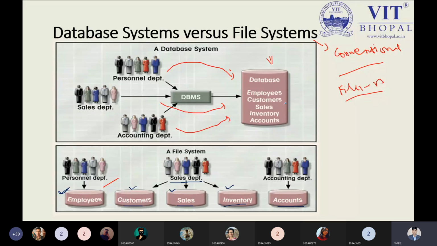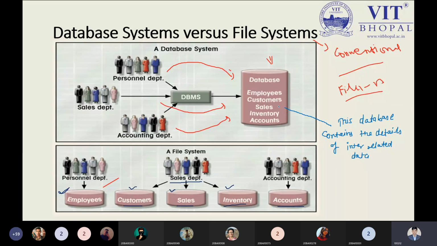I can write over here: this database contains the details of interrelated data. What data?